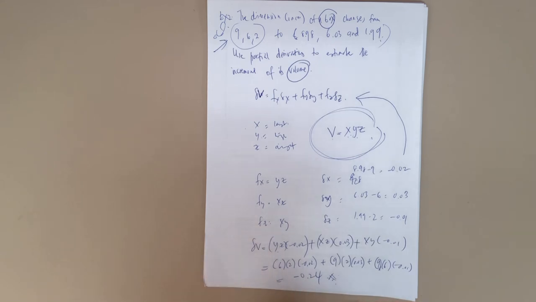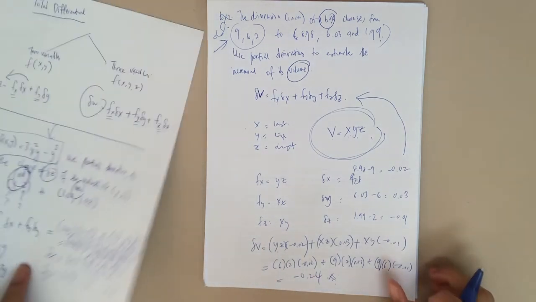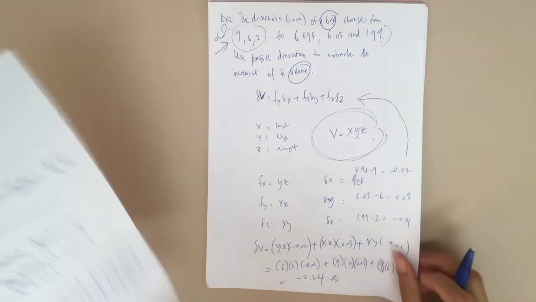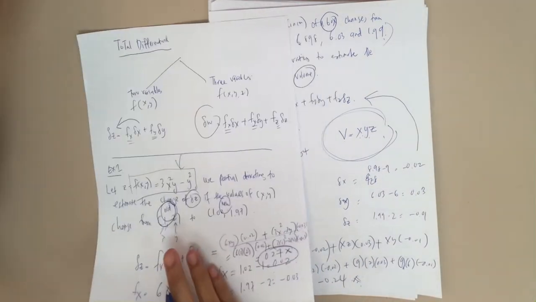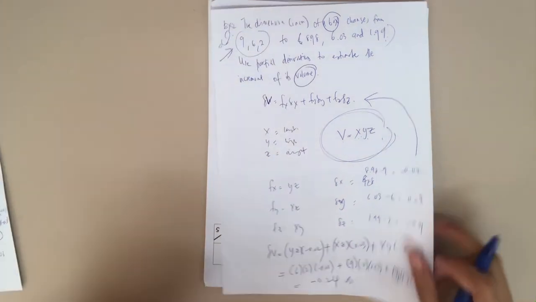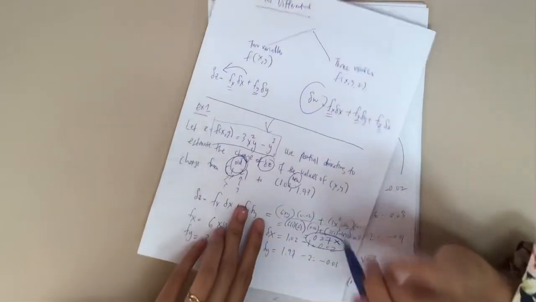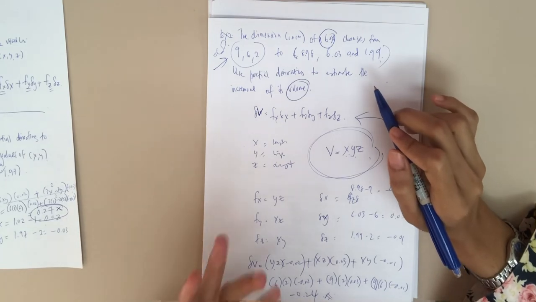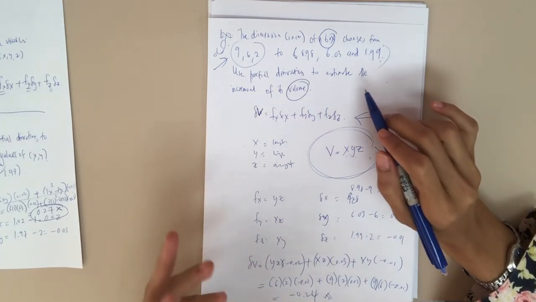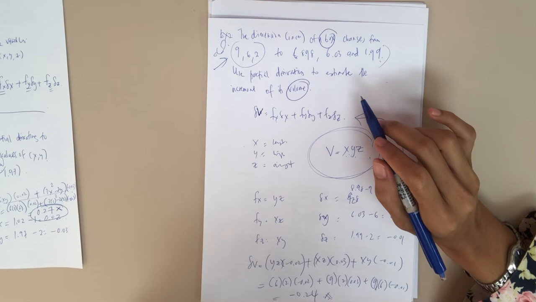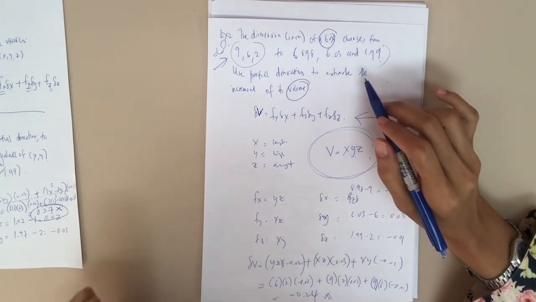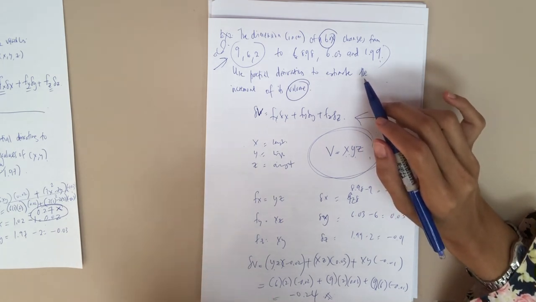Okay, now I think we are finished with total differential. These are the two examples that I showed you just now. The first one is for two variables, and this one is for three variables. What I want to highlight here, you can compare: the first one was given a function. For the second one, you need to come up with your own function, actually create the function based on the statement or question given.